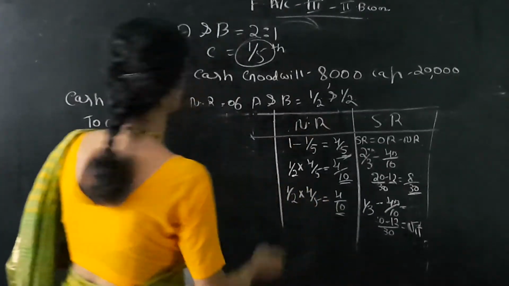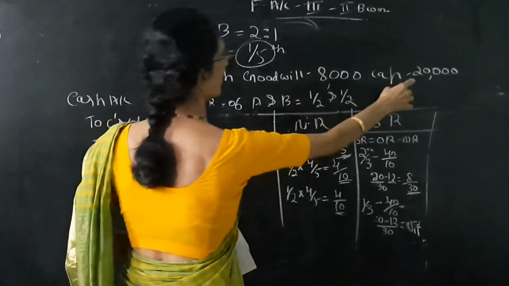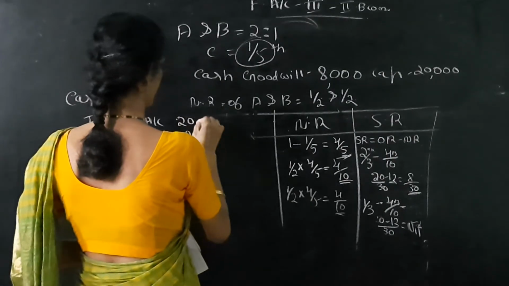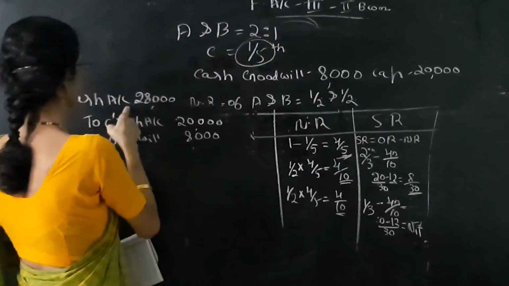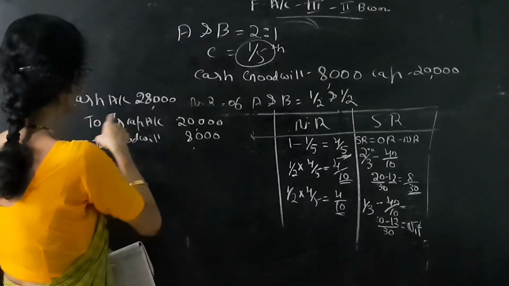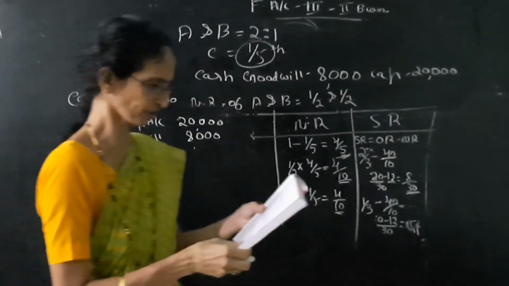Goodwill is 8,000 and capital is 20,000, so cash account debit 28,000, to C's capital account 20,000, to goodwill account 8,000.